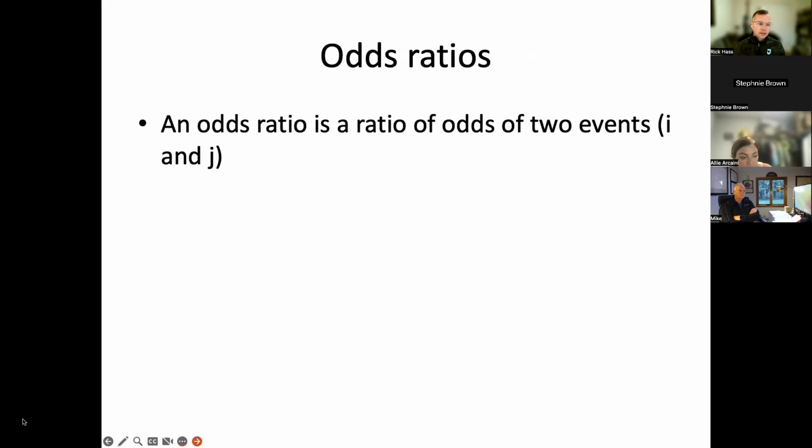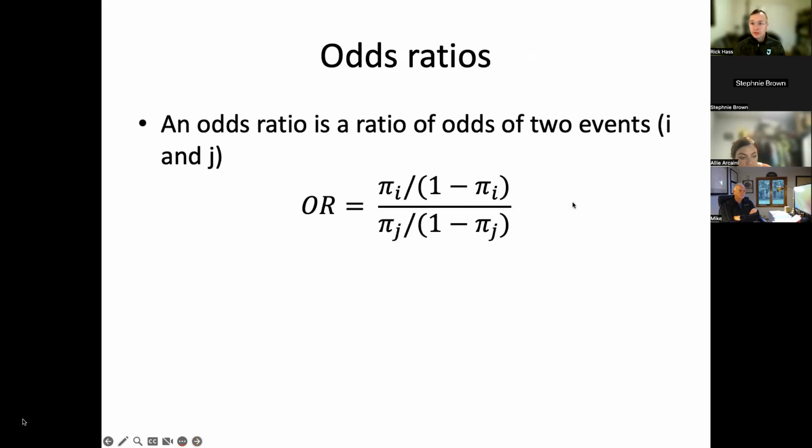Okay. Finally, we get to what we're interested in, which is the odds ratio, okay? Which is the ratio of odds of an event for 2 different categories. So again, this now requires us to define a dependent variable and an independent variable, an outcome and a risk factor, say.